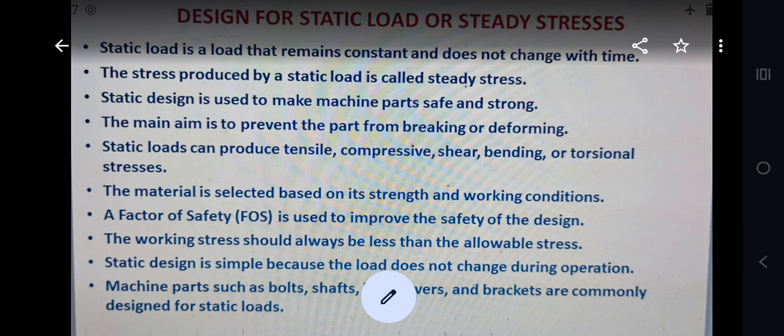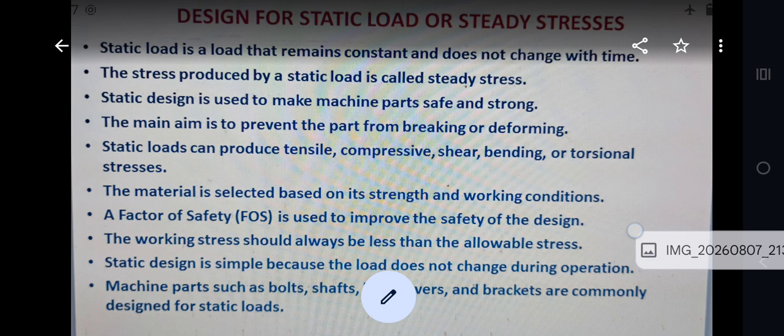When a component is pushed or compressed, compressive stress is produced. What is the best example? Column. The load acts downward and compresses the column. That is called compressive stress.